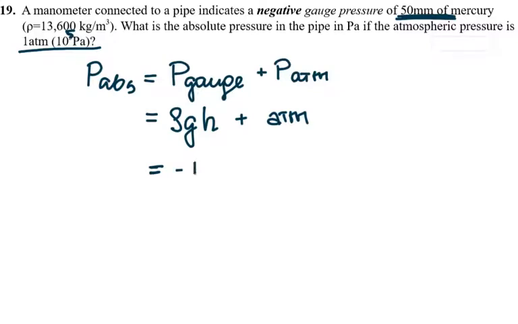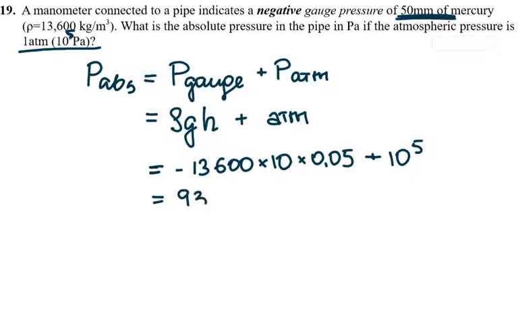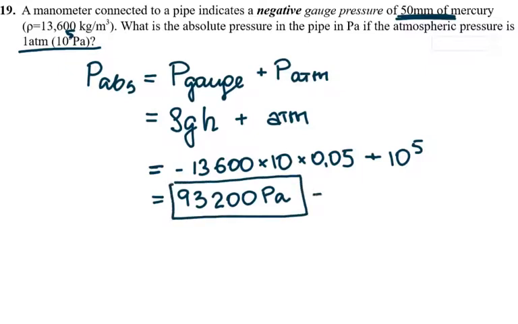Rho is 13,600, g is 10, and h is 50 millimeters, so it's 0.05, plus the atmospheric pressure, which is 10 to the 5th. And I get the absolute pressure is equal to 93,200 Pascal, or 0.932 atmospheric pressure.